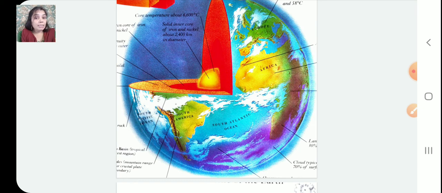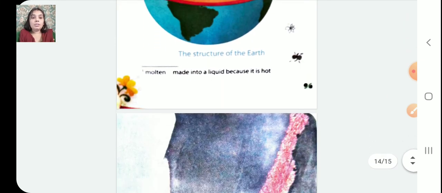So what is the internal structure of the earth? If you take the onion, it has many layers. In the same way, the earth has several layers. The outermost layer is called the earth's crust.